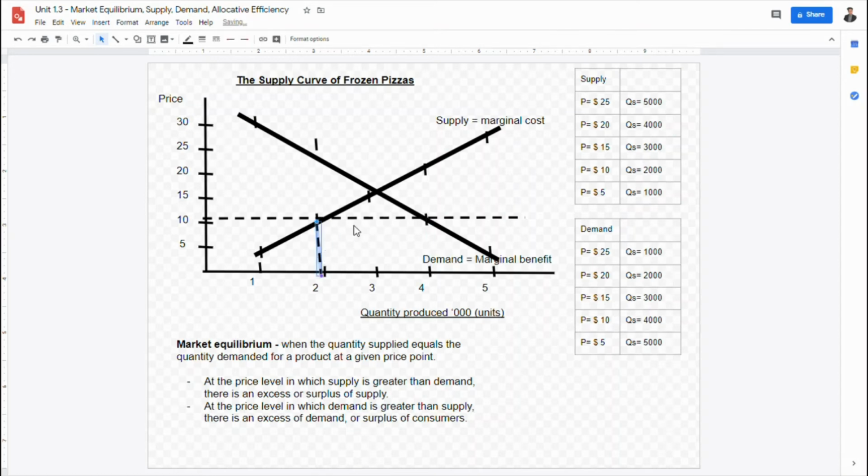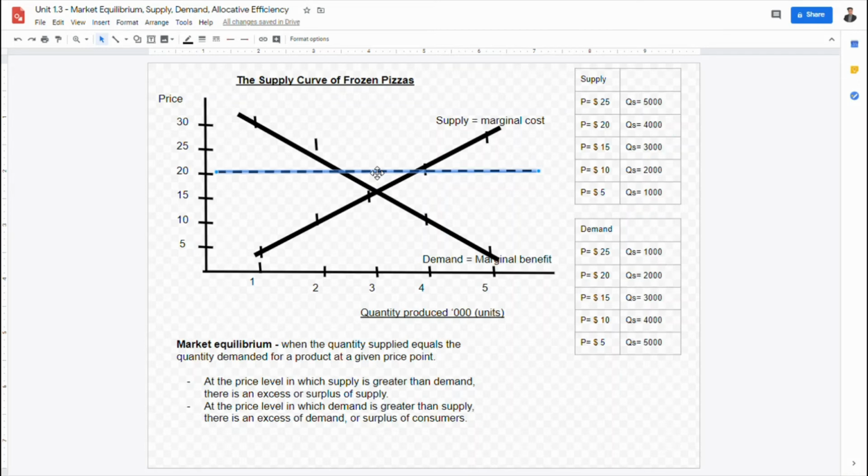Now, the price level could fluctuate around this entire line. It could go up, it could go down. When it goes down from all the way from this period to this line where they intersect, there is an excess of demand. Above this intersection, all the way up to here, there is an excess of supply.